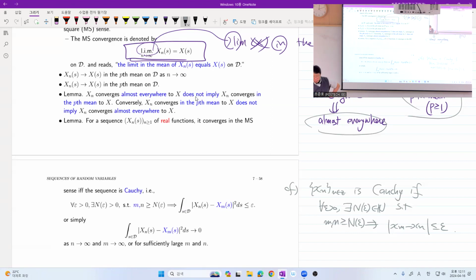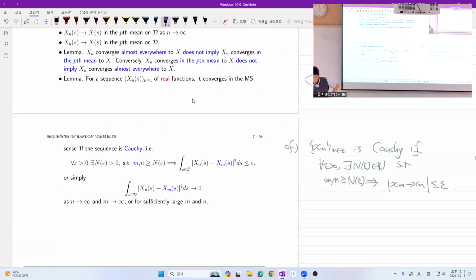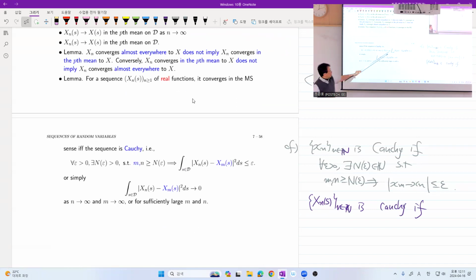Now, if I write down side by side x_n of s, n is a Cauchy sequence of functions, right? Here, the upper side is a Cauchy sequence.